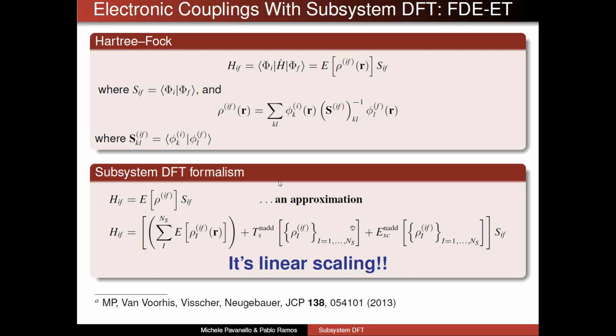And by the way, I apologize here. The Coulomb interaction has disappeared in this formula. It should be here. Obviously, Coulomb is long-ranged, and it is inherently non-linear scaling, but it's a one-shot calculation, so we can say that even if it wasn't linear scaling, it's not a big deal. However, using linear scaling methods for the calculation of the Hartree potential, this can also be overcome.